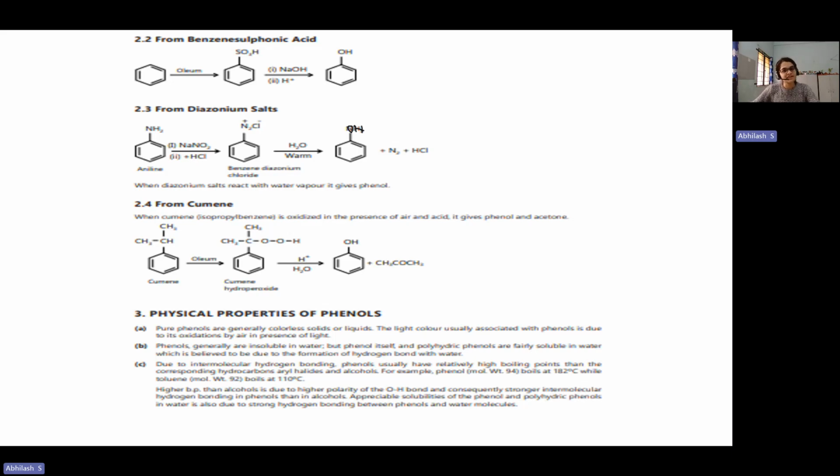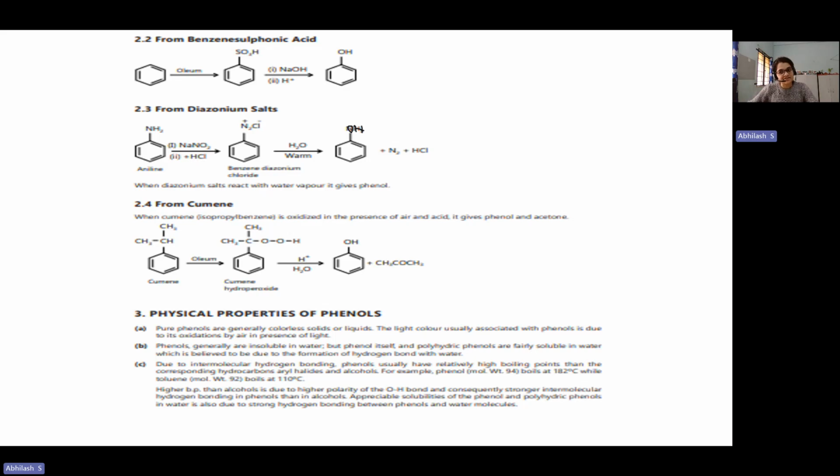Let's discuss some of the physical properties of phenols. Pure phenols are generally colorless, usually solids or liquids in nature. The light color of phenols appears due to the oxidation of phenol by air in the presence of light. This is about the state of phenol. Let's discuss the others also.